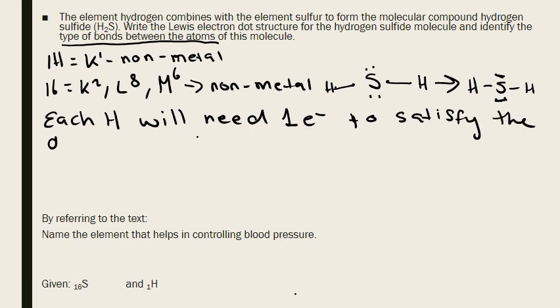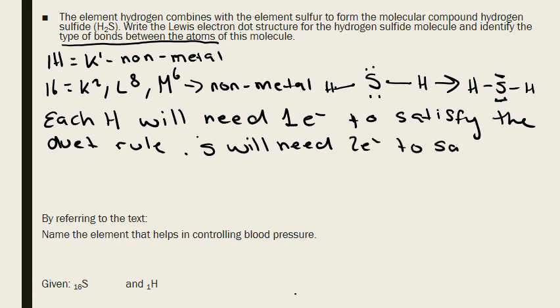Remember, hydrogen undergoes duet rule. S will need 2 electrons to satisfy the octet rule.